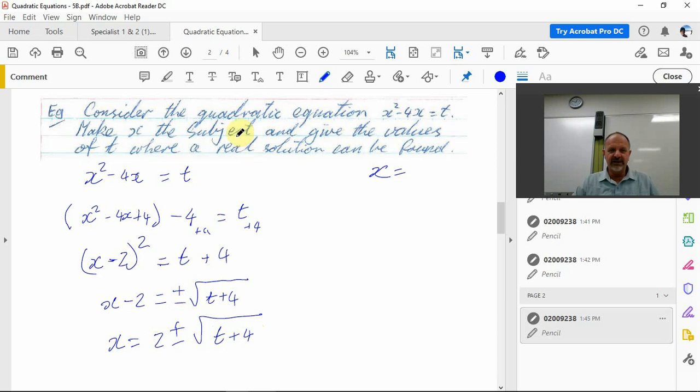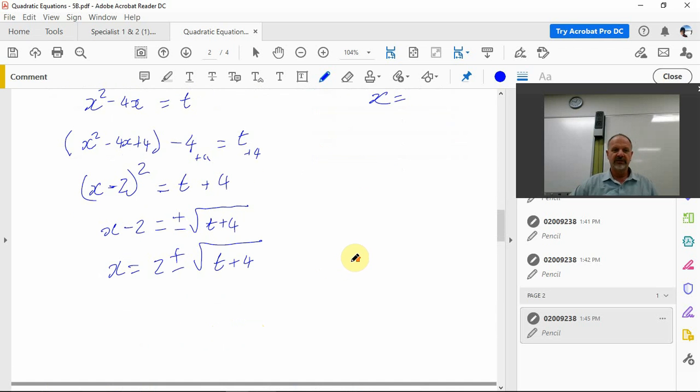Then it says, so that's the first part, made the subject. Then it says real solution. So for real solutions, what's going to determine that is the square root, what's under here. Because for real solutions, we have to be able to square root that and get a real number.